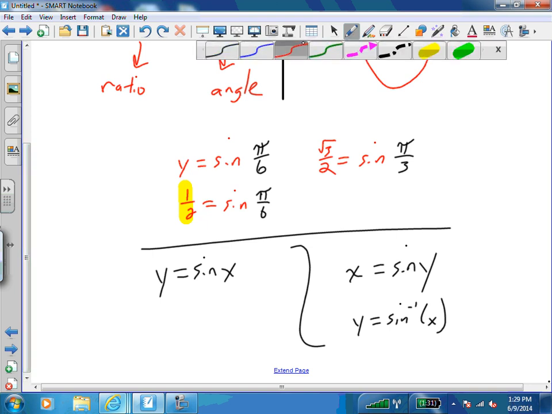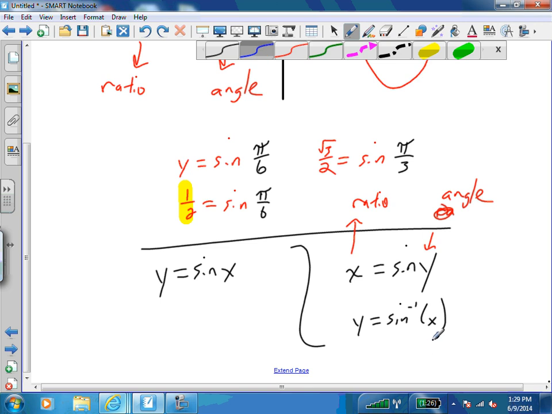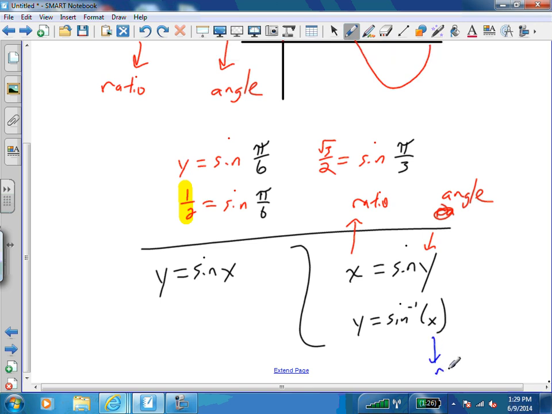Keep in mind that what we're taking sine of, that's our angle. This is a ratio, the result of taking sine. So when we flip those, this is our ratio, this is our angle.